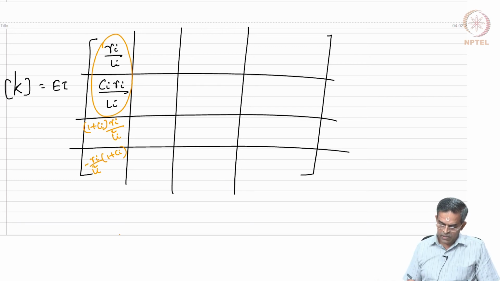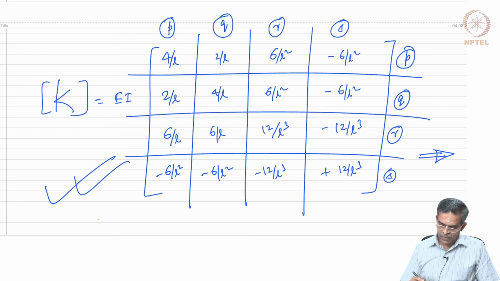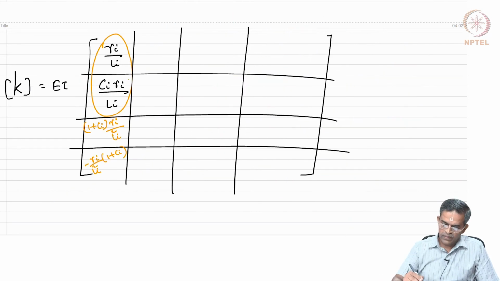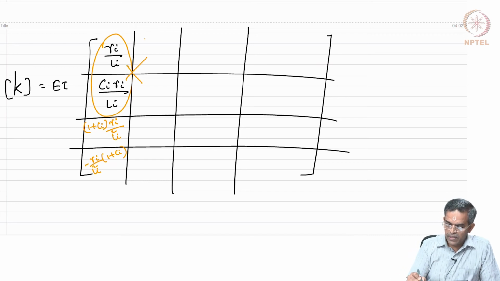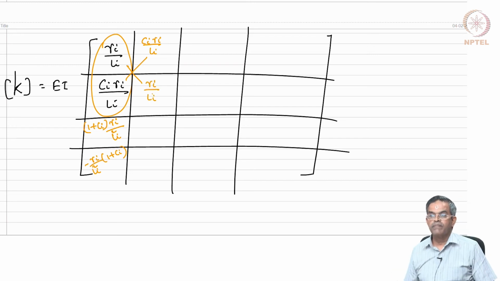If you look at this, this is crossed, is it not? See here, this is crossed. So, I will cross it here. So, I am writing this as Ci Ri by Li, this is simply Ri by Li. In fact, that is what you will get here, see here.